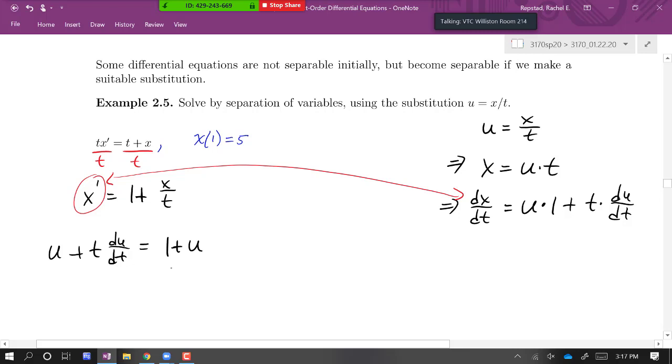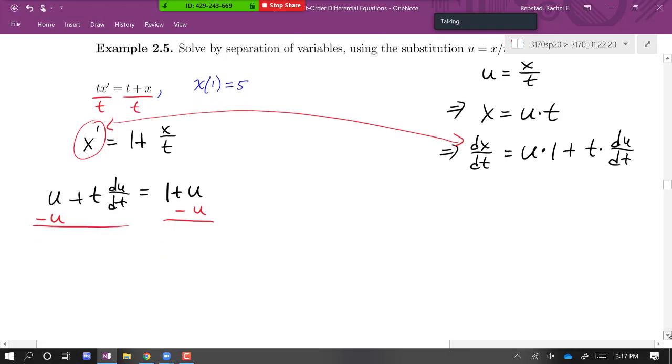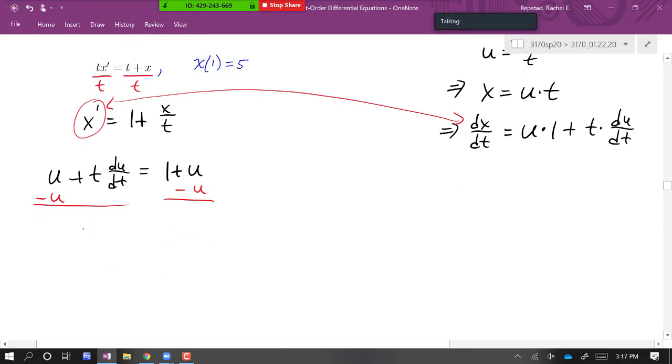I've gone from an equation with x's and t's to one with u's and t's. Let's subtract u from both sides. So t du dt is equal to 1.